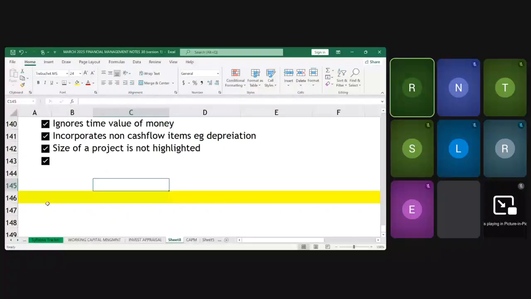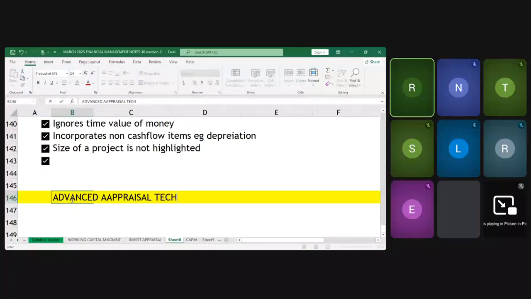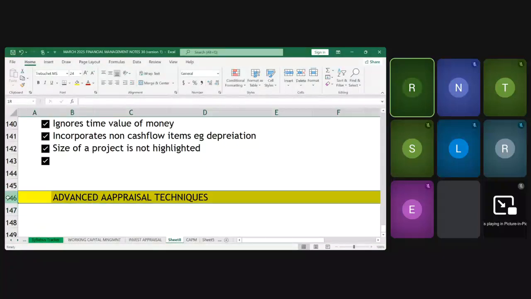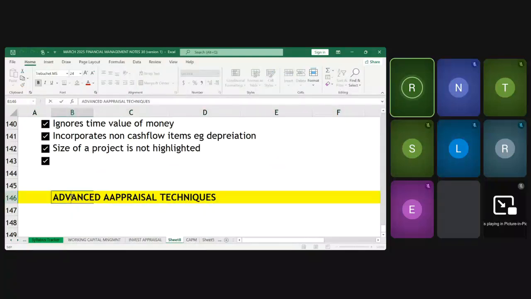Let us look at net present value. These are discounted advanced appraisal techniques. The advanced appraisal techniques that we want to look at. Number one, we would want to consider the net present value.